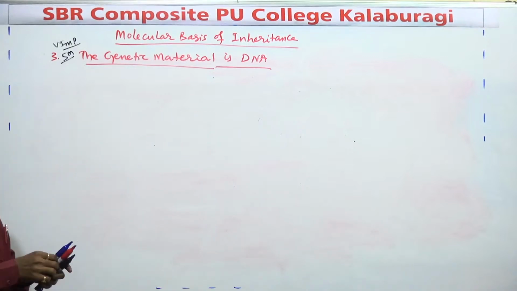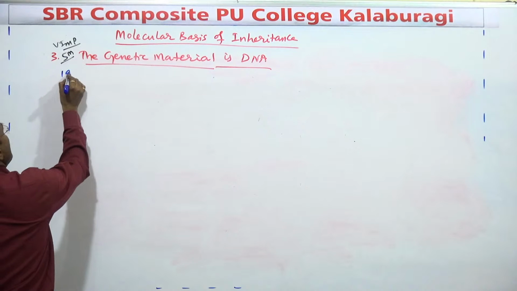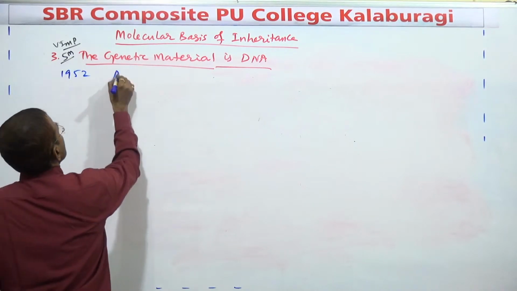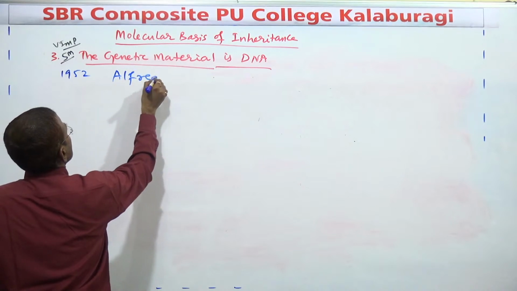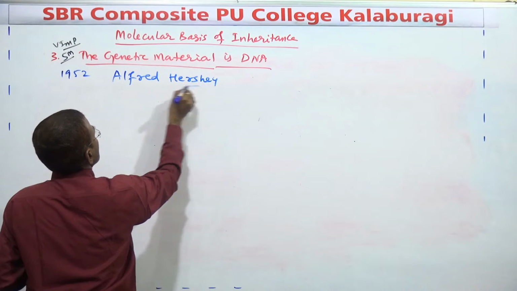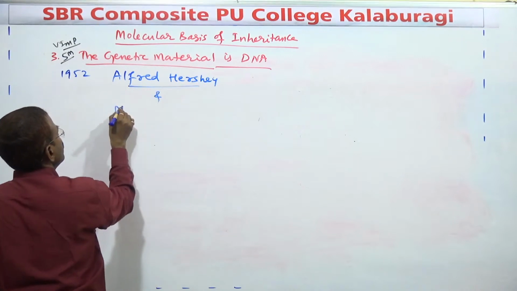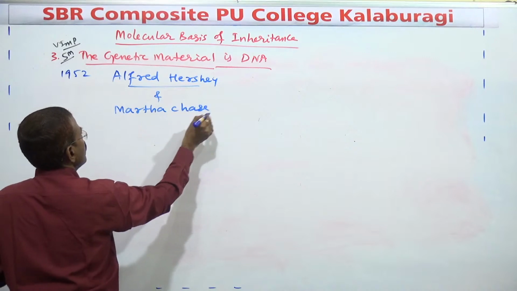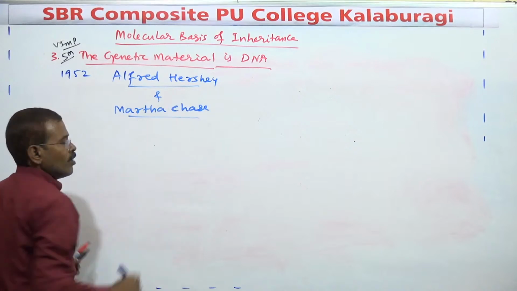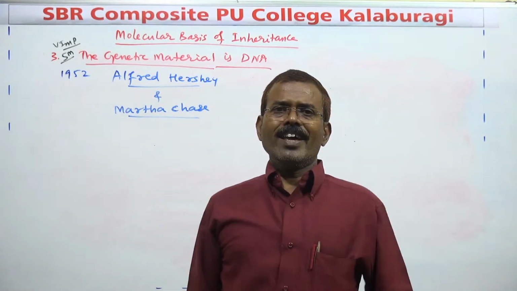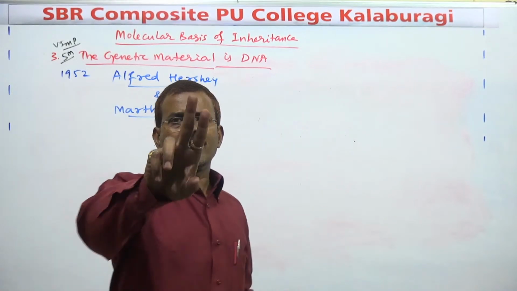This experiment was conducted in 1952 by two scientists, Alfred Hershey and Martha Chase. For their experiment, they selected two organisms.